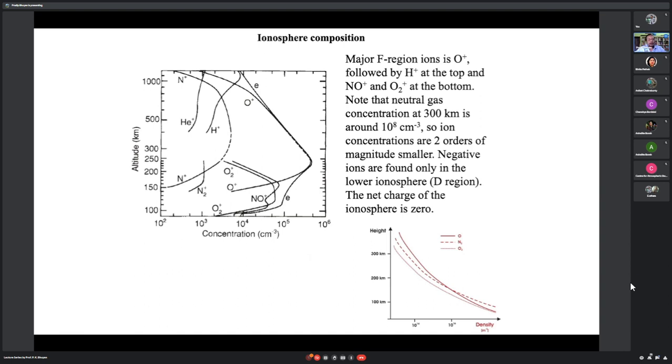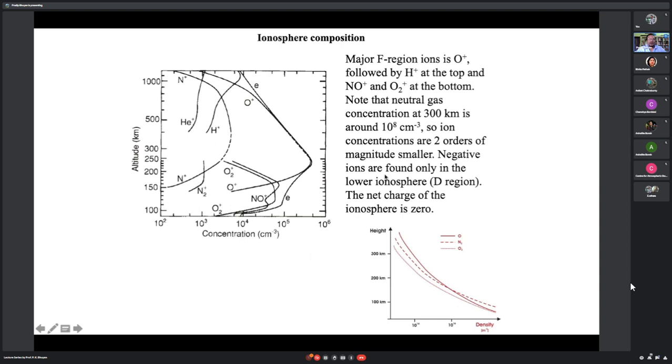Your total ion density or electron density will be two orders of magnitude smaller, so it will be 10 to the power 6 per centimeter cube.